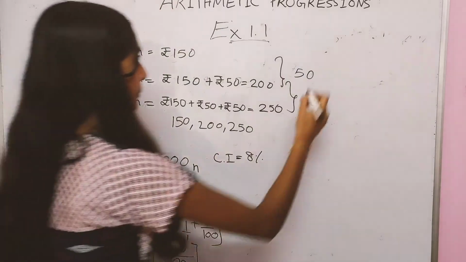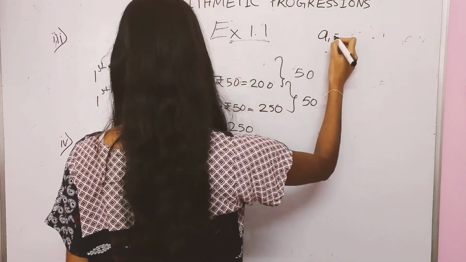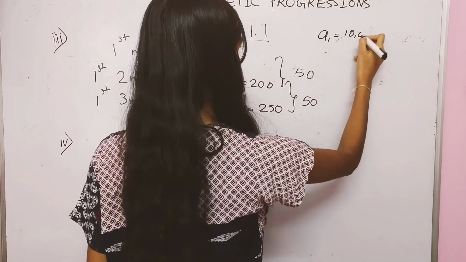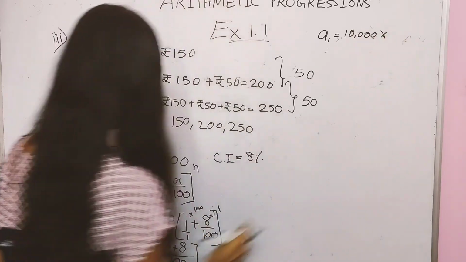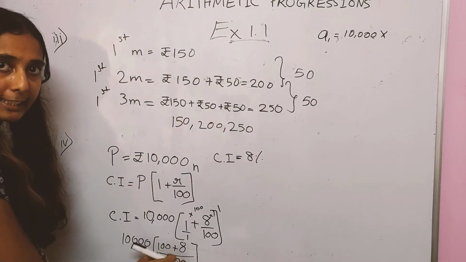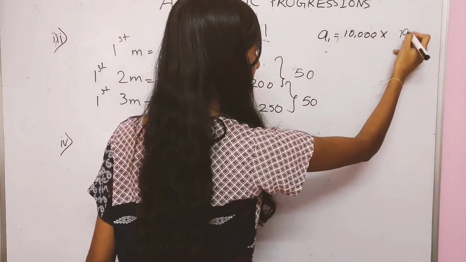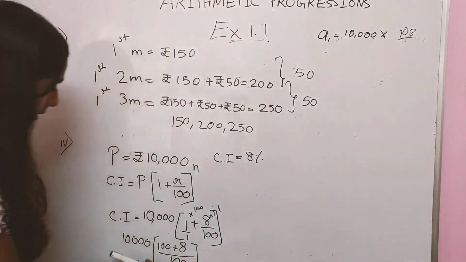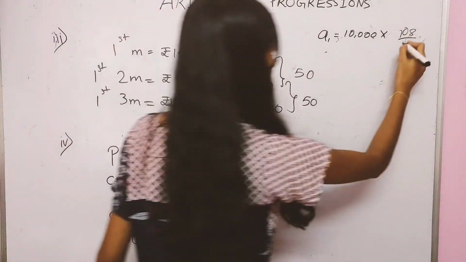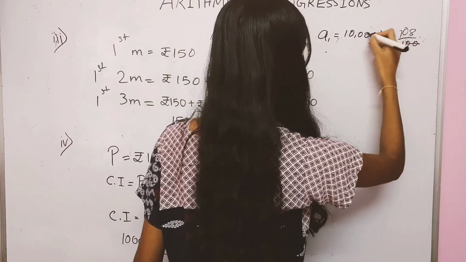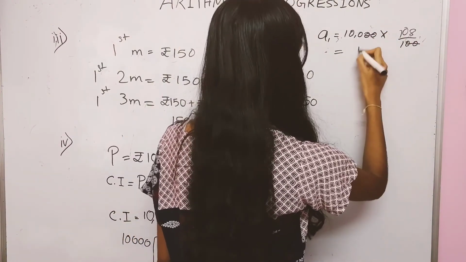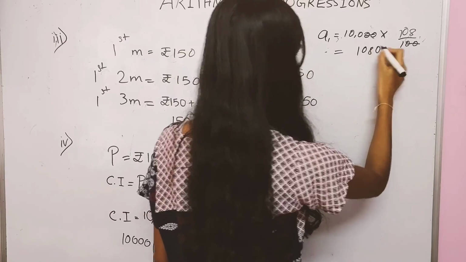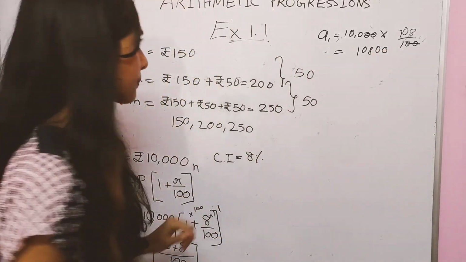And I'll write it here. The first term is 10,000 into 100 plus 8 is 108 divided by 100. Zeros will get cancelled. 10800. This is your first term.